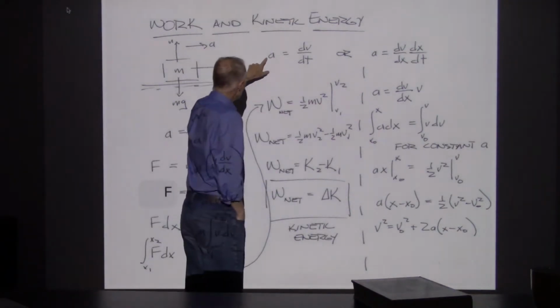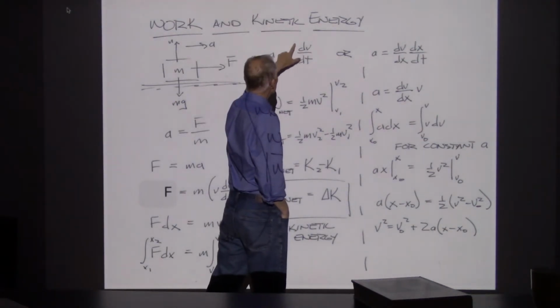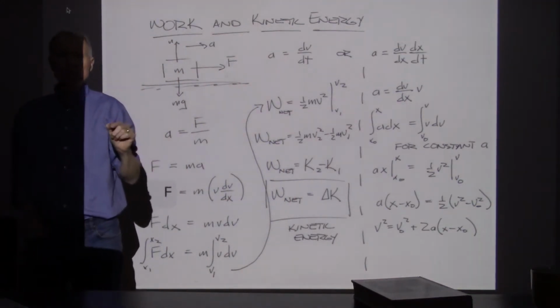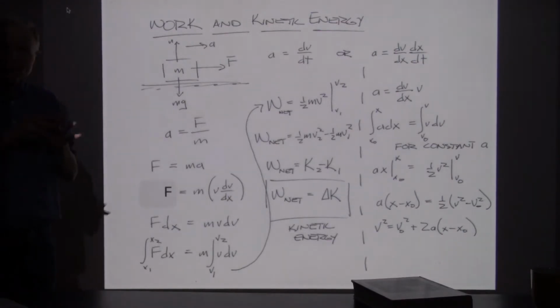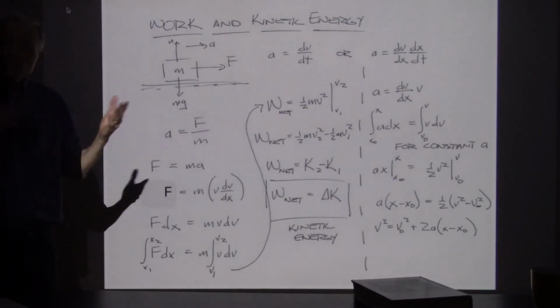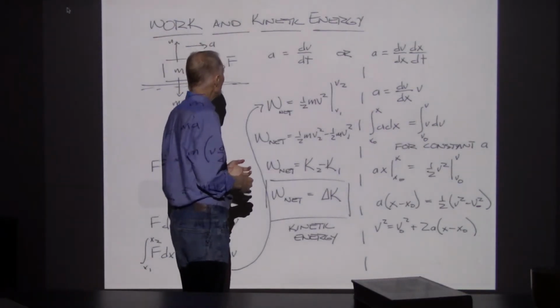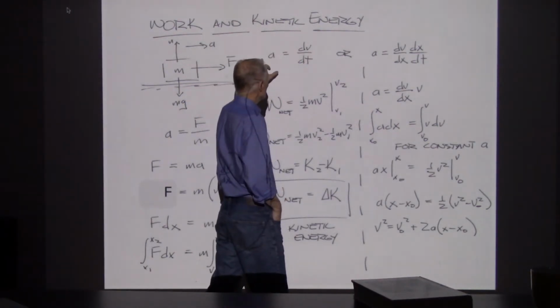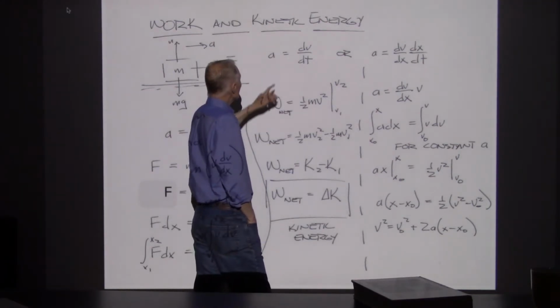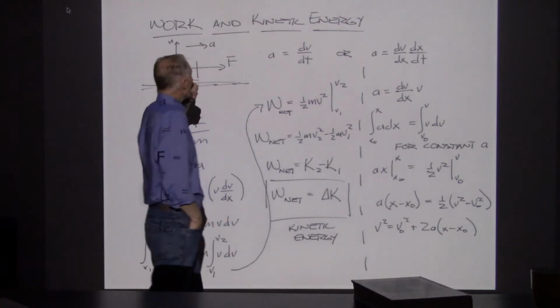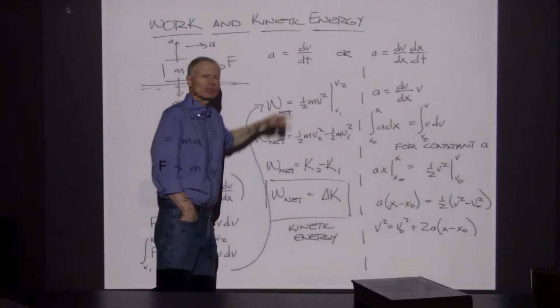Now, an acceleration is written as dv dt. That's our definition. And as long as everything stays one-dimensional, that works. We could expand this to 3 dimensions, but for right now, we'll just stick with 1 dimension and ask how the acceleration could be written. Now, it turns out that when we're looking at energy and work, we're not really interested in how much time things are taking.